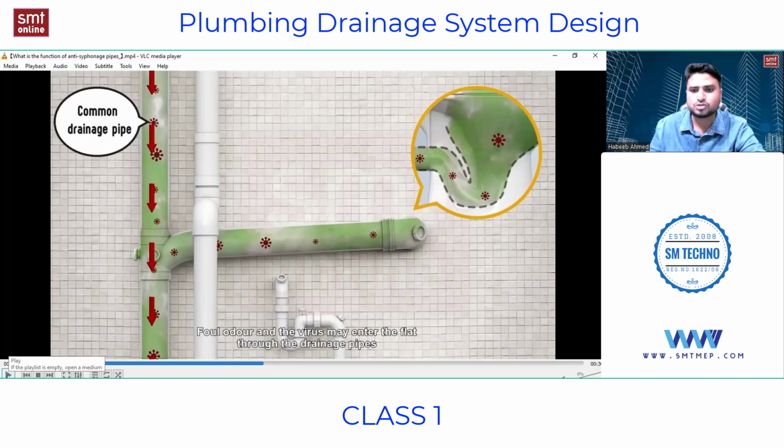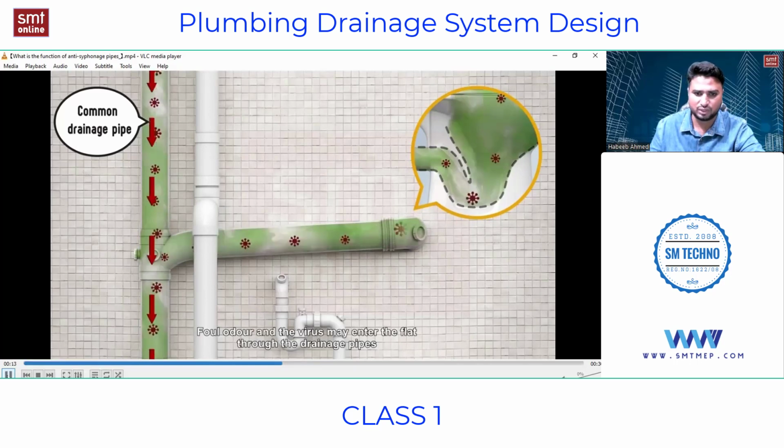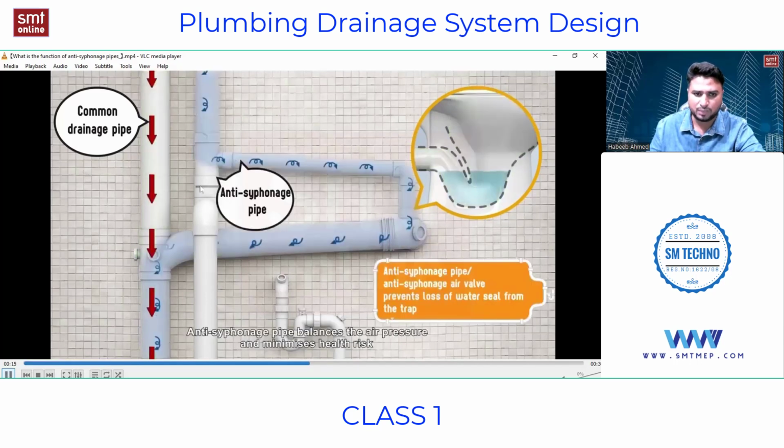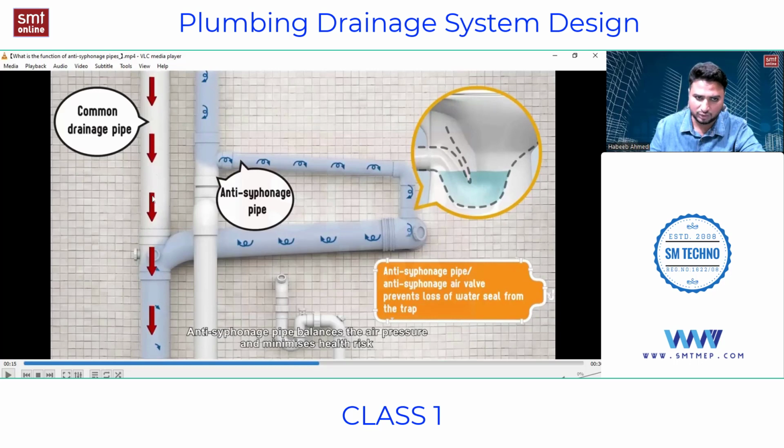So to maintain or to save the seal, we have an anti-siphonage system. If we have this anti-siphonage pipe, when this water is going down and tries to suck the seal of this WC, it can't. Why?